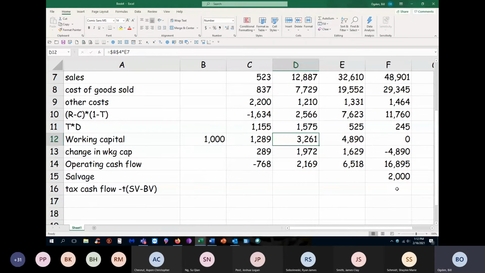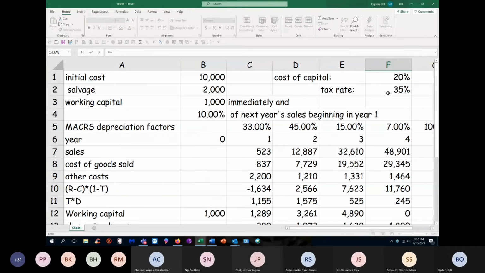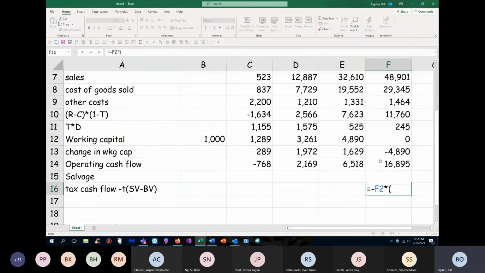All right. So let's put that over here. Equals minus the tax rate times the difference between the salvage minus the book. Well, in this case, the book is 0.